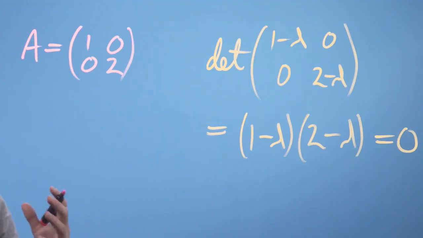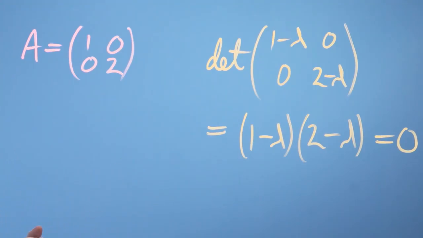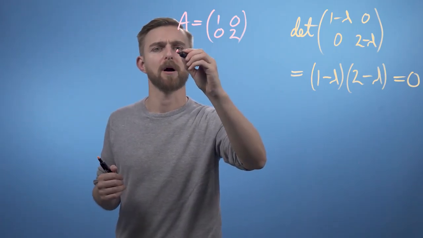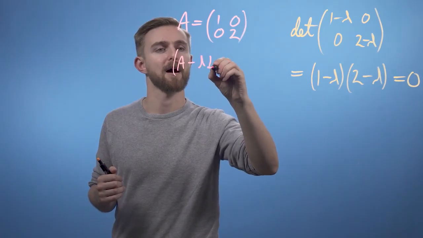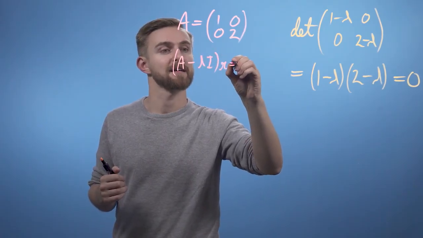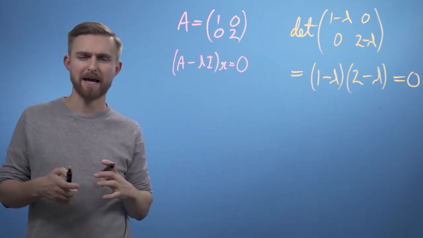This means that our equation must have solutions at lambda equals 1 and lambda equals 2. Thinking back to our original eigenfinding formula, (A minus lambda I) x equals 0, we can now sub these two solutions back in.